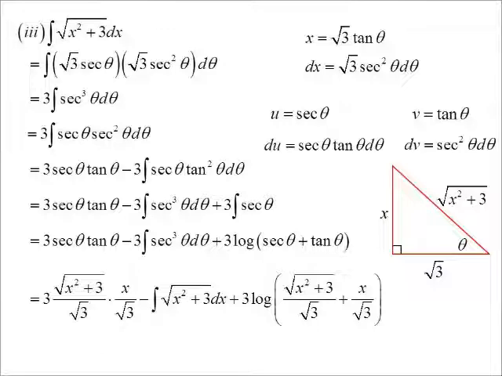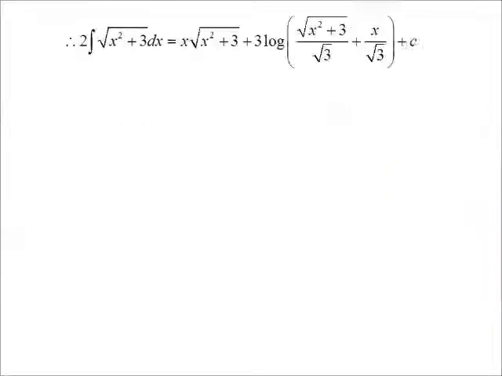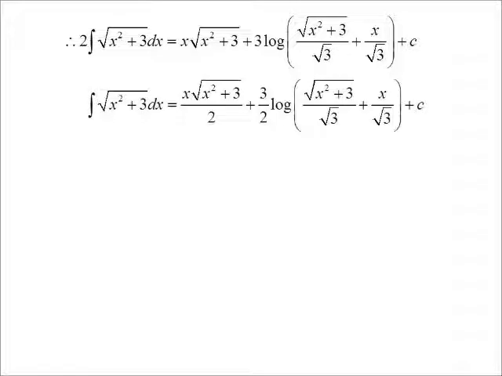So you might find it easier, and that's why I've done it here, to substitute in first before you move it over, and then it becomes a little bit more obvious, because when I move the square root of x squared plus 3 over now, it clearly is 2 lots of the square root of x squared plus 3. And then divide both sides by 2, and we eventually have our answer.